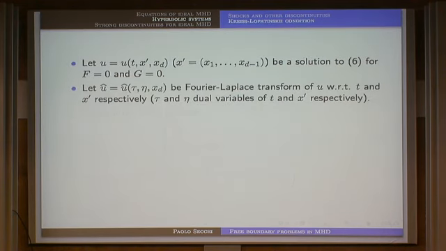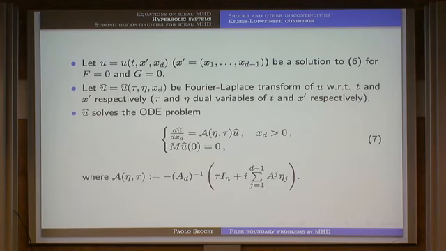We take the Fourier-Laplace transform, Laplace in time, so in t, and the dual variable is denoted by tau, and Fourier in x with dual variable denoted by eta, Fourier with respect to x prime, so not with respect to xd, which is the normal space variable.